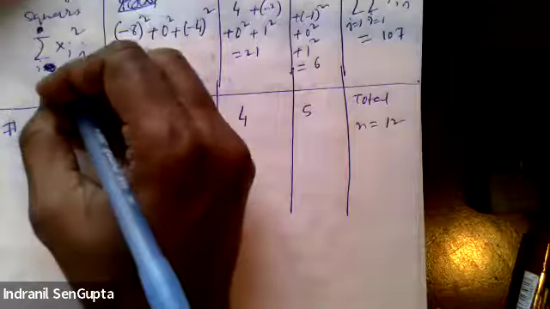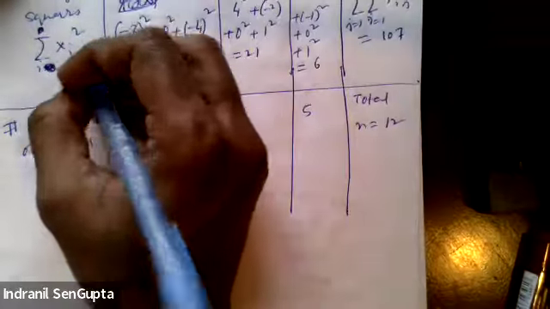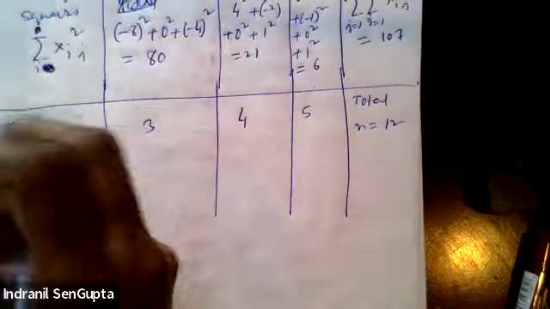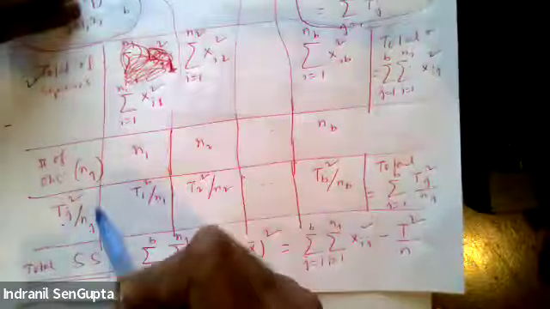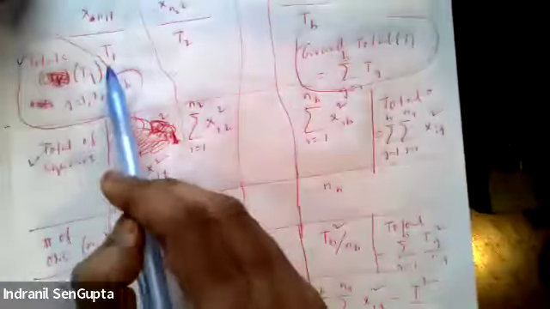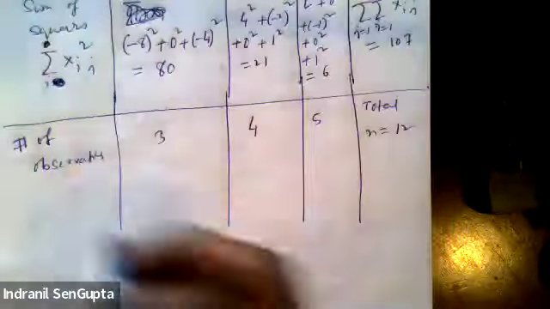Now, we considered this T_i squared. After this one, we computed this T_j squared over n_j, where the number of observations was n_j. So we divide the T_j, which we obtained in the first step, by this one. So let's compute this.